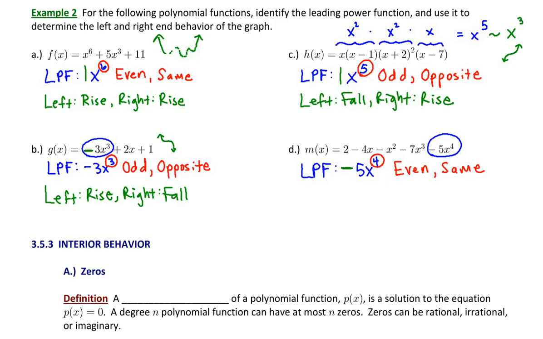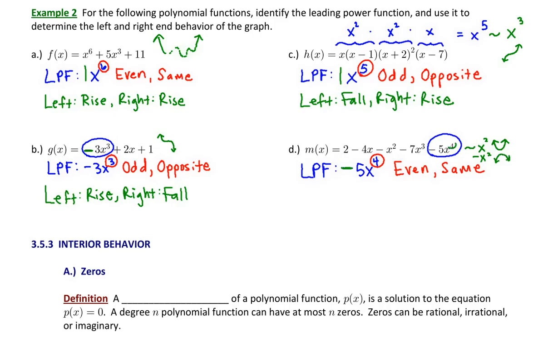So let's compare negative 5x to the 4th to the even power function x squared. Okay, x squared is a parabola that opens up, but negative x squared would be a parabola that opens down. It would just reflect that x squared across the x-axis.